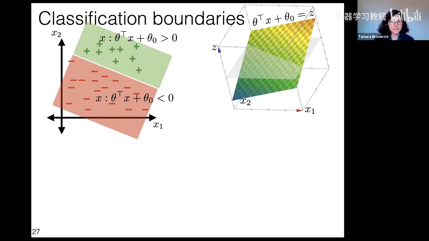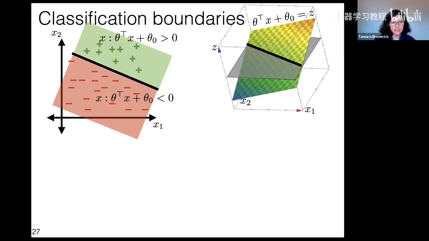This hyperplane is actually theta transpose x plus theta naught equals Z. This plane that I've just highlighted in gray is where our original data lies. It lies with x1 and x2 varying, but Z equals 0. The line that defines the linear classifier is where theta transpose x plus theta naught equals 0. That's exactly how we defined our line before.